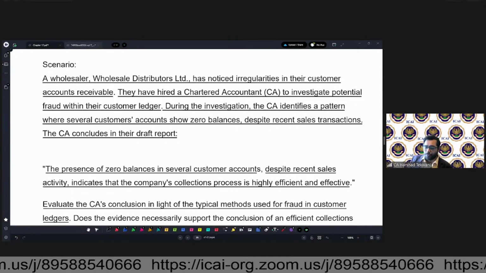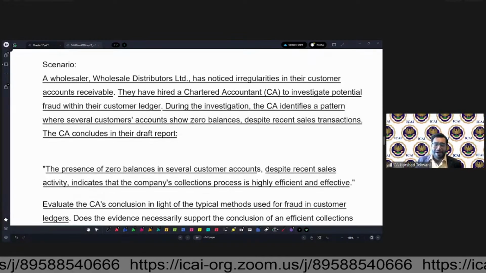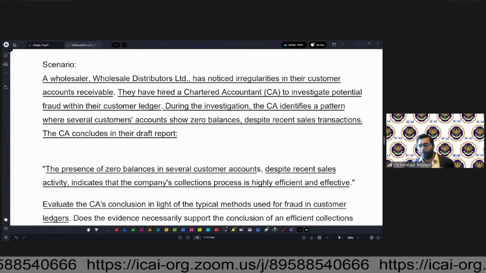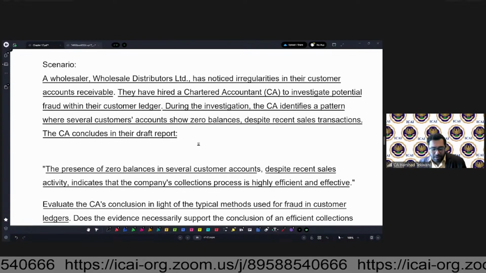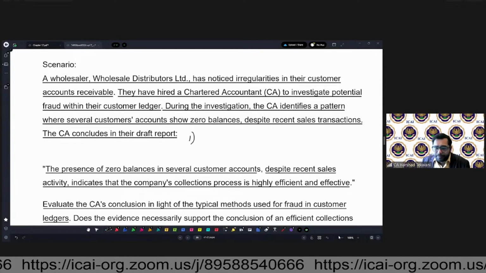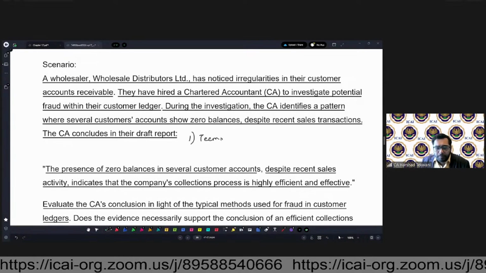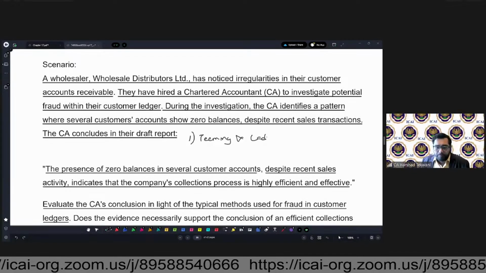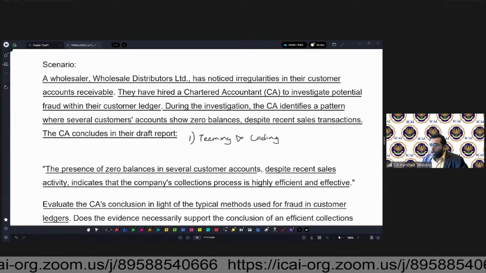Okay, I'll tell you. There could be multiple such fraud schemes which can happen over here. Number one, teeming and lading.